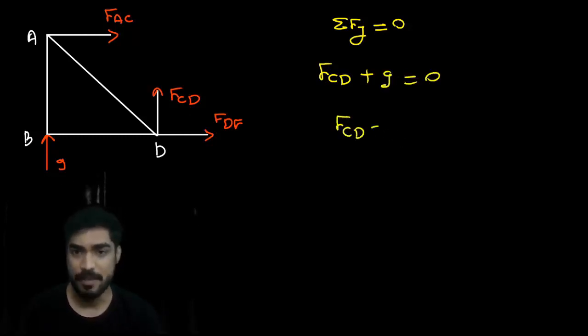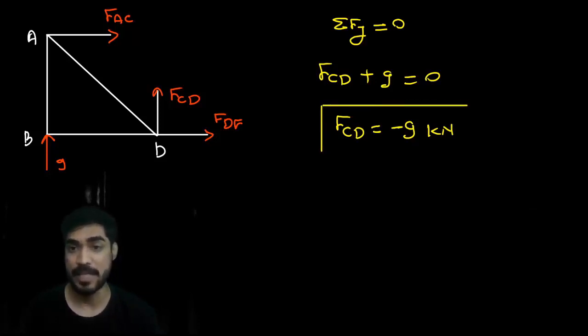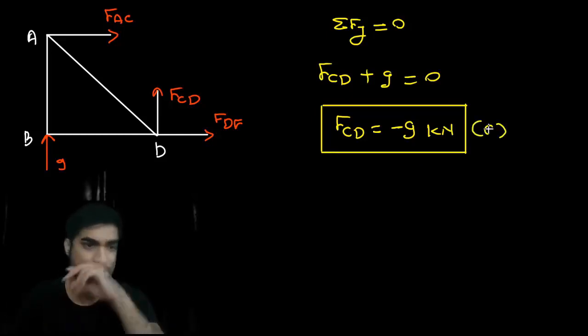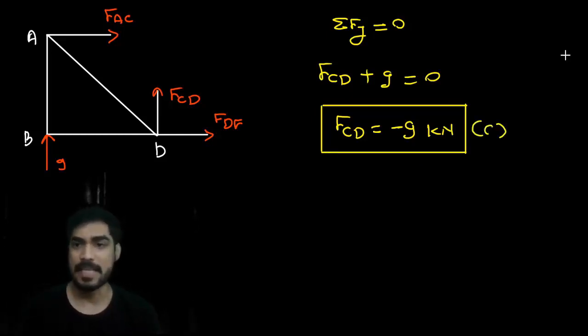So FCD will be minus 9 kilonewton, and since it is negative, it is compressive, because I am assuming tension. So it must be compressive.